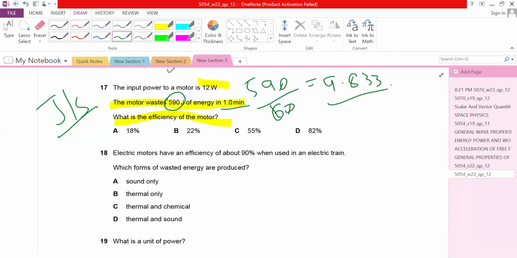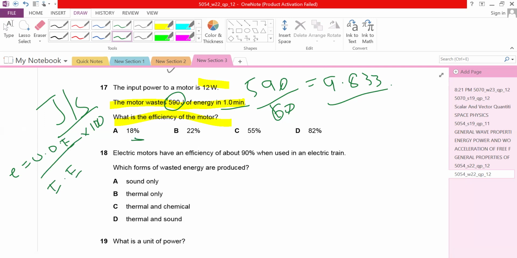Then to calculate the efficiency: efficiency equals useful output energy divided by input energy into 100, because you have to give the answer in percentage. I'm writing in short form as I do not have space.